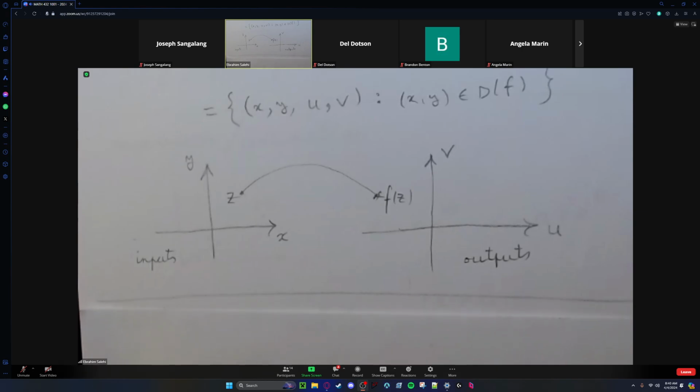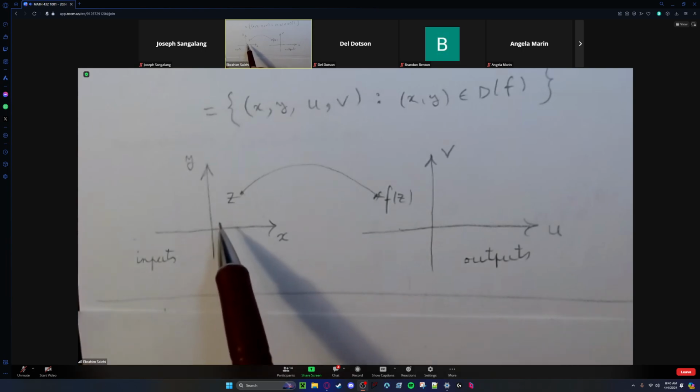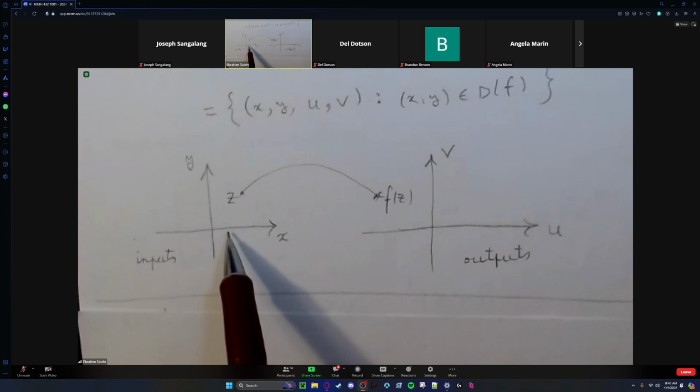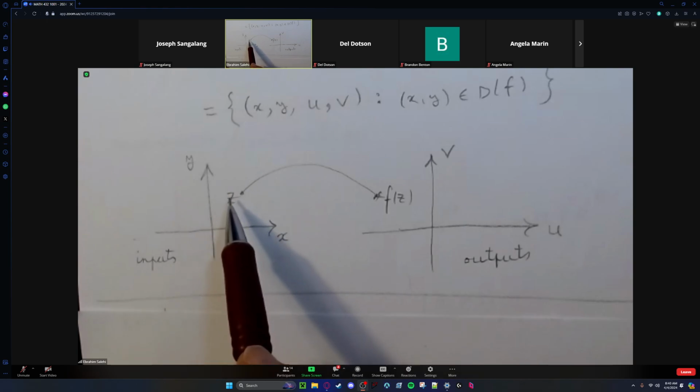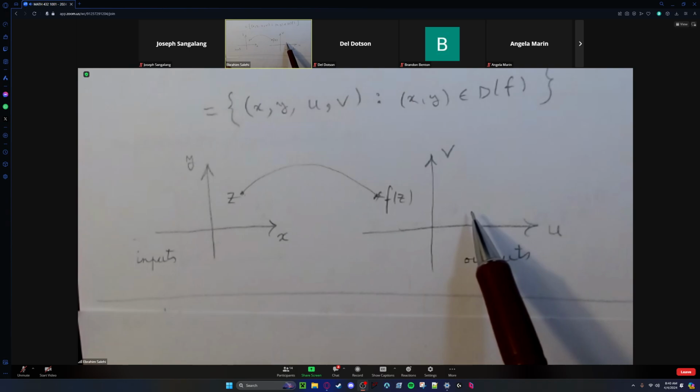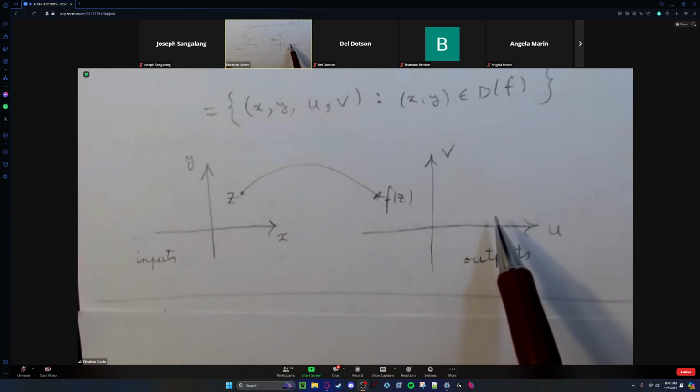And usually the problem that we want to solve in this mapping, let's call it mapping, is this: they will give you a region of the xy plane, for example a circle, and they will ask you what is the image of that circle under this function.